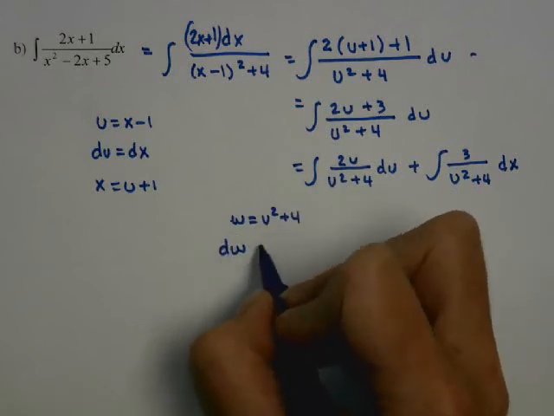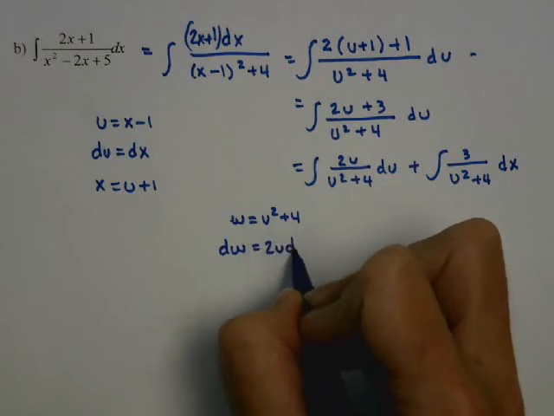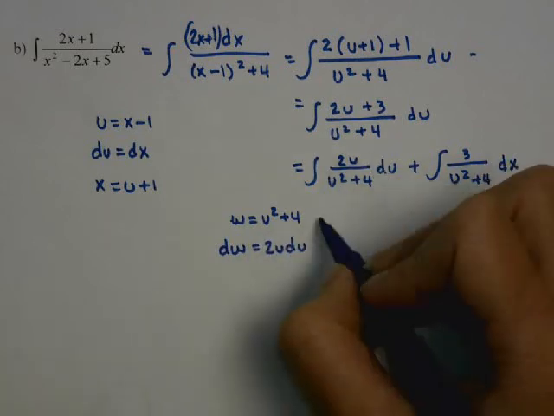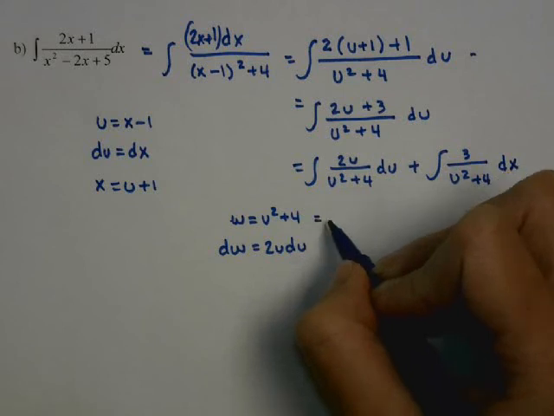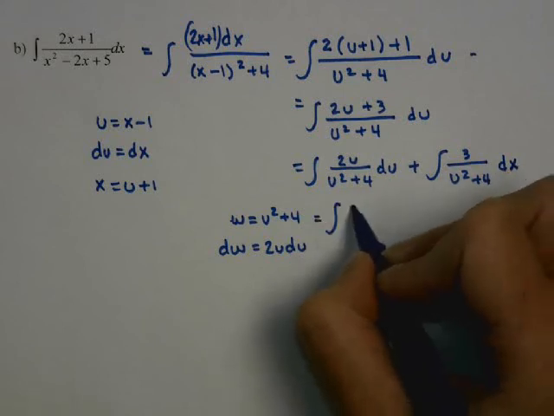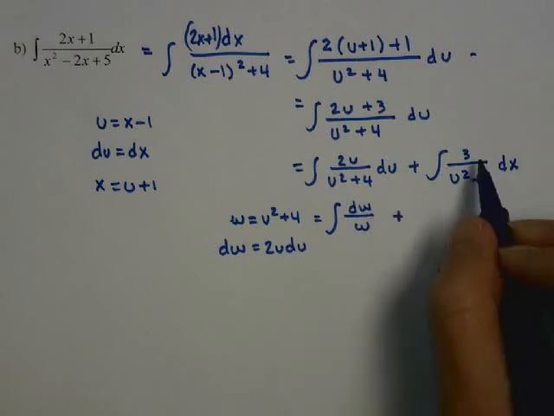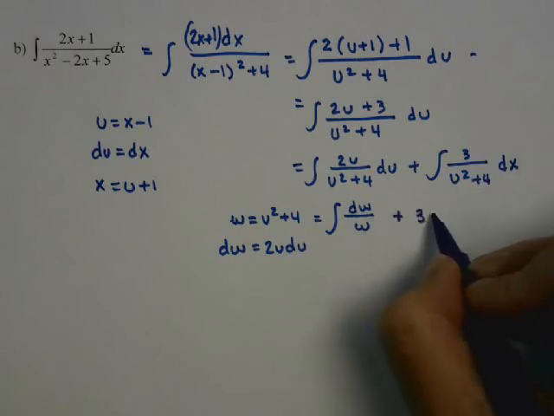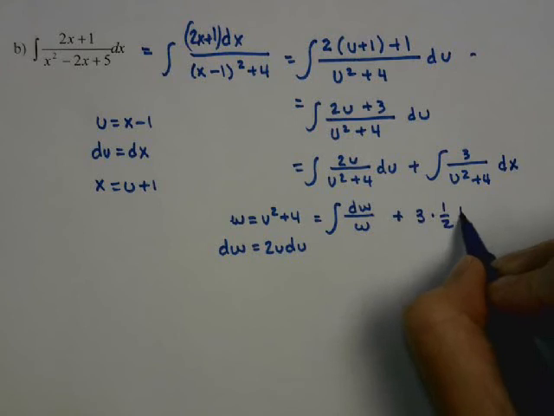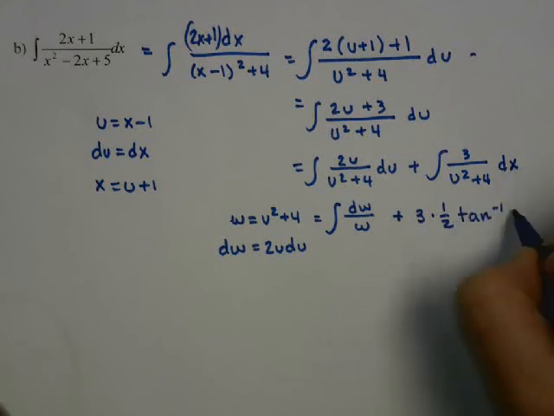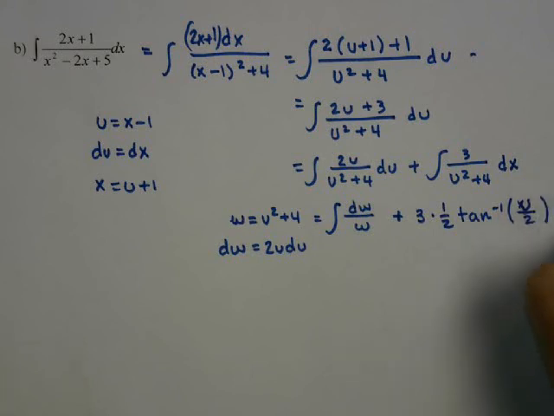So dw is 2u du. So this integral is now the integral of dw over w. This one is going to be 3 times 1/2 tangent inverse of u over 2.